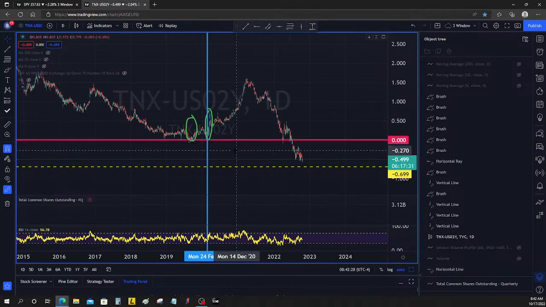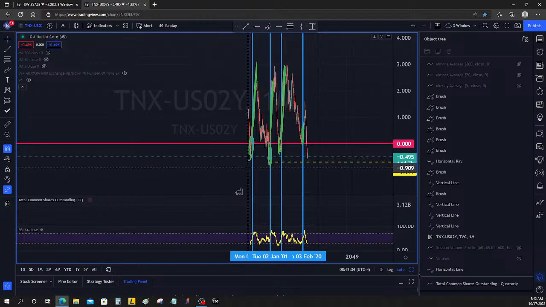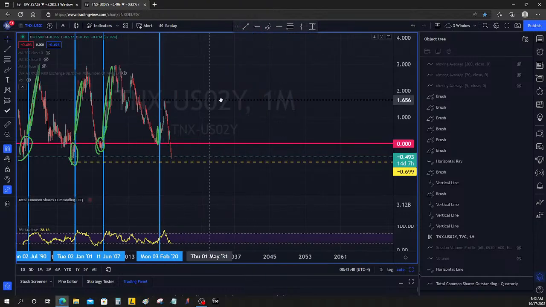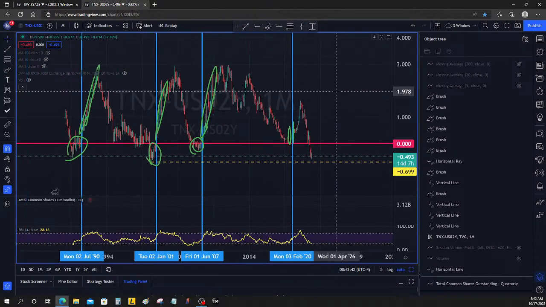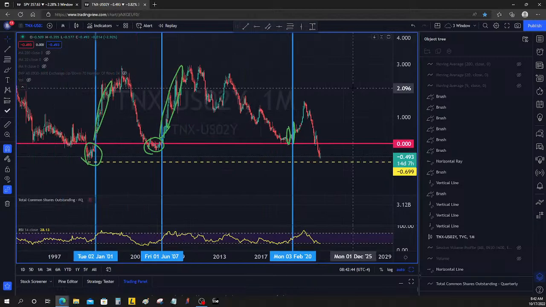Now, as far back as this chart goes, let me go to the monthly. This chart goes back to as far as late 1988. And the greatest level of inversion that this chart has historically, and it could go deeper than that if I go further back, but who knows. For these purposes, I'm just going to use this one.